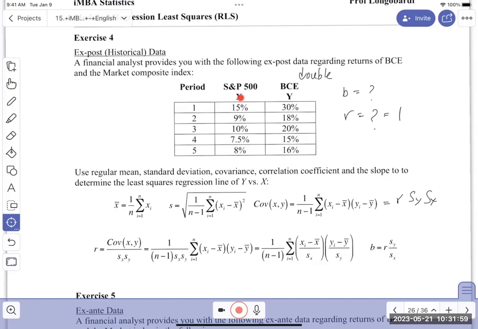Now the relationship is always with the positive returns, and if this relationship held for negative returns as well, which I already explained, you shouldn't try to make predictions outside the range of values, but if you did, what if the S&P returns were negative 5%? What would BCE's returns be?